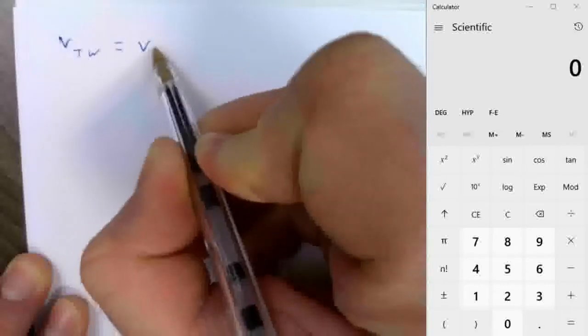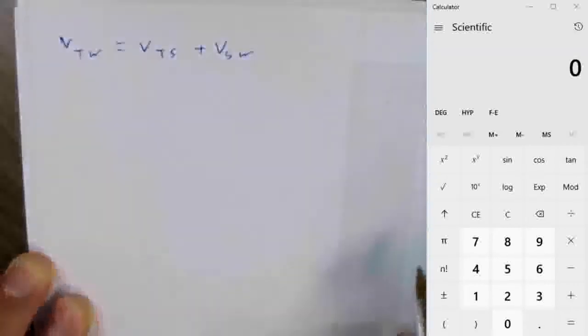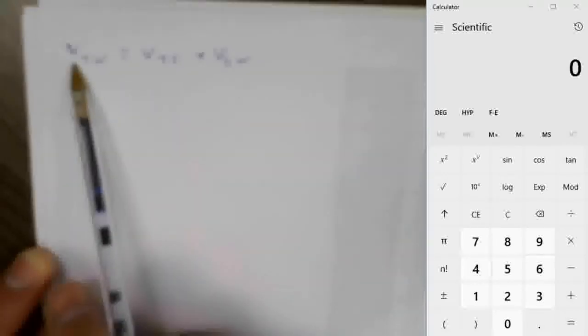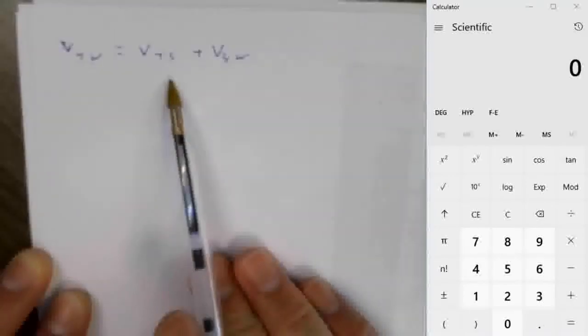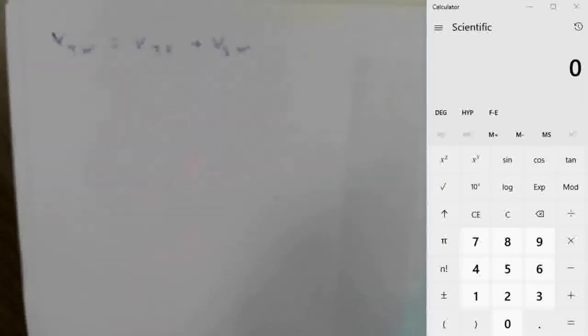So for this problem, the formula we know is VTW equals VTS plus VSW. This is a relative motion problem. The VTW is the velocity of the tourists relative to the water. The VTS is the velocity of the tourists relative to the ship. And VSW is the velocity of the ship relative to the water.